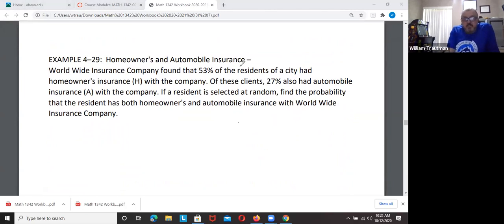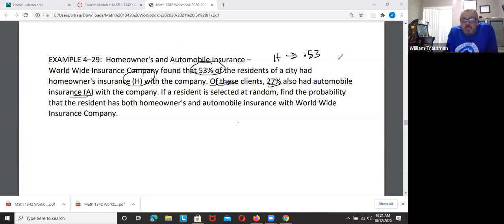Worldwide insurance found 53% of residents of the city had homeowners insurance. So we know homeowners insurance is 53% of our residents. Of these, and that's the key, of these, so it's talking about only the people who have homeowners insurance, 27% of those also have automobile insurance.